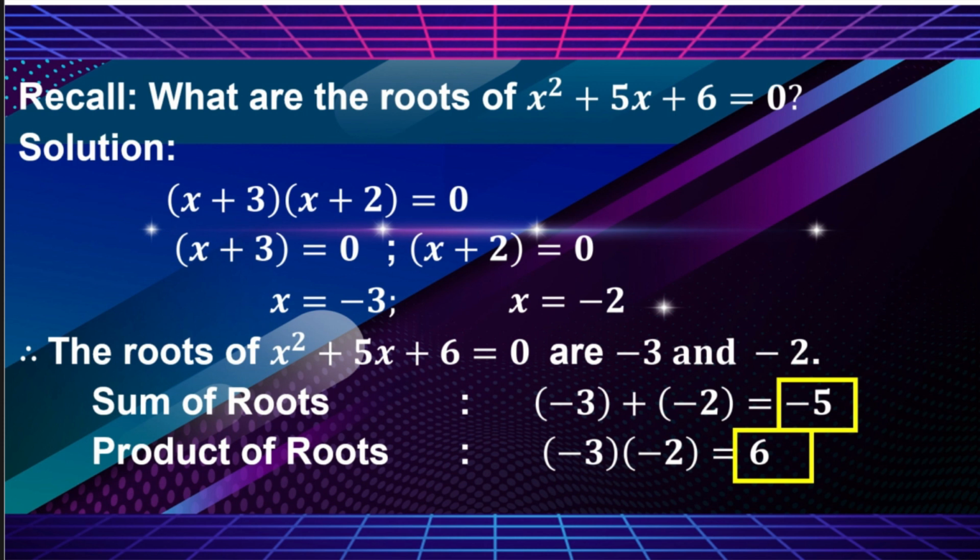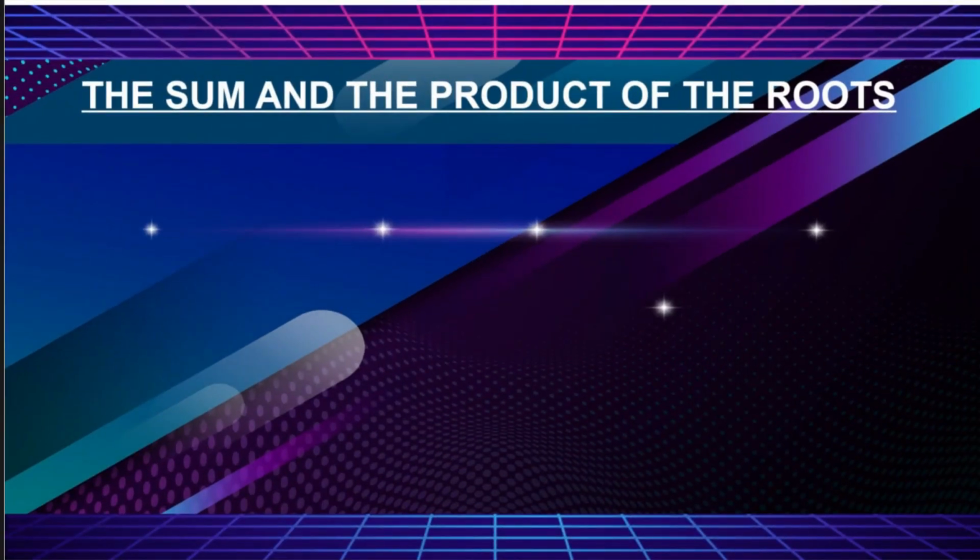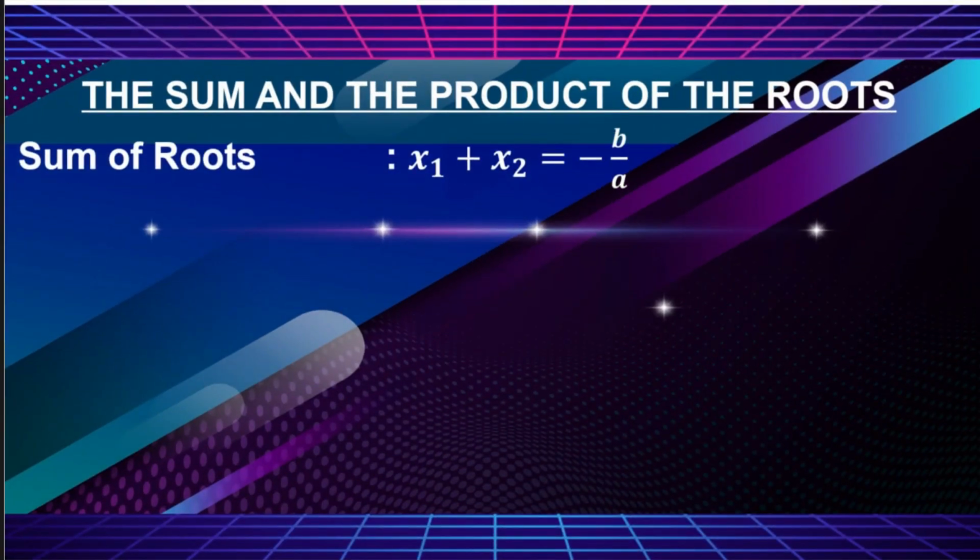So today, I am going to show to you the shorter way in identifying the sum and the product of roots using these two formulas. The formula in identifying the sum of roots is x sub 1 or the first root plus x sub 2 or the second root is equal to negative b over a.